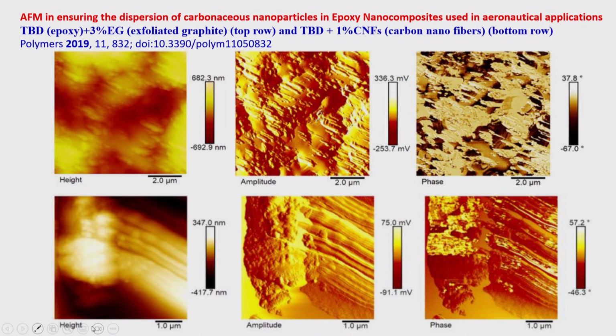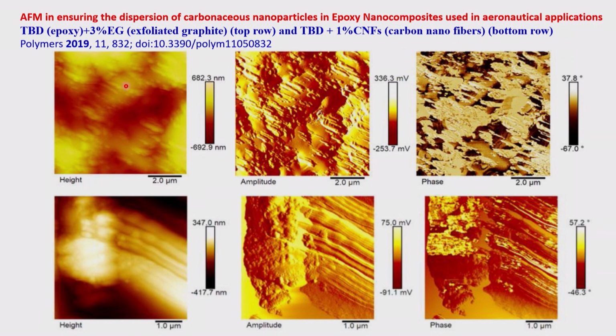So two different types of materials here. This is one kind of nanocomposite, this is another kind of nanocomposite, and these are studied for the height, for the amplitude, and this is for the phase. All three kinds of things are being studied.